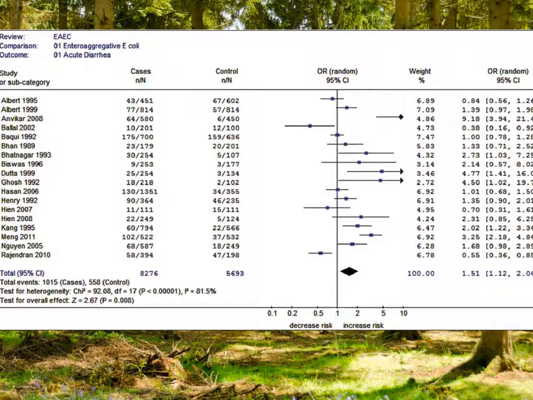The rest of the forest plot is very similar to what we have seen. On the left, there are the studies aligned one after the other. The second column are the cases, n divided by n. The cases divided by the sample size in each arm. The same for the control. The middle is where they plotted the effect size, which is to the far right.